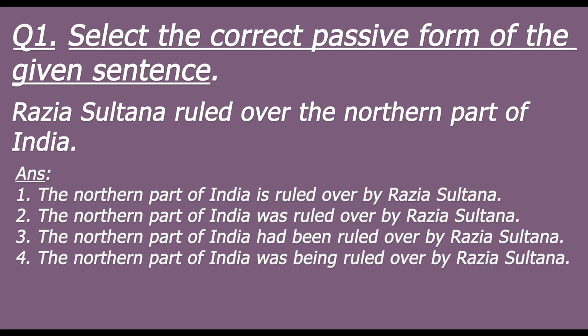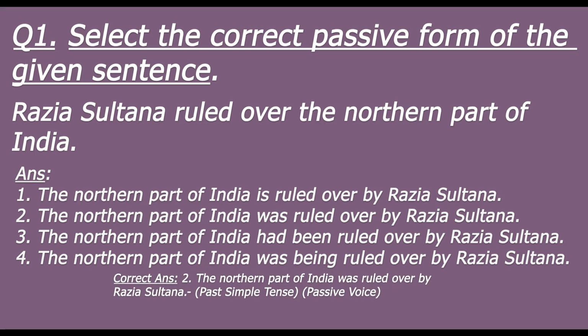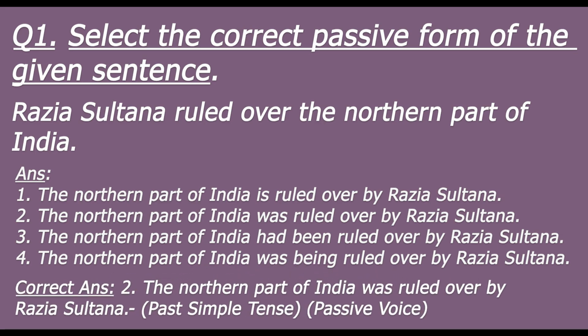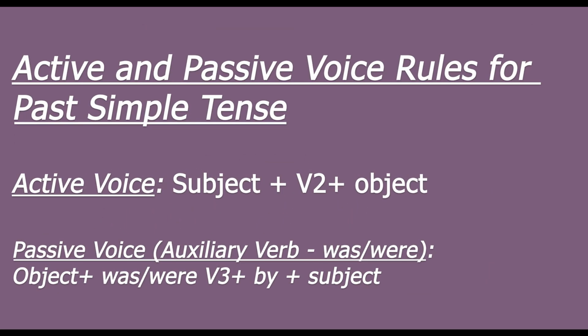So the fourth sentence is also not correct because this is not simple past tense. So the correct answer is the second one, that is the northern part of India was ruled over by Razia Sultan. So here in the passive form you see the object plus was, the auxiliary verb, plus V3 plus by subject.